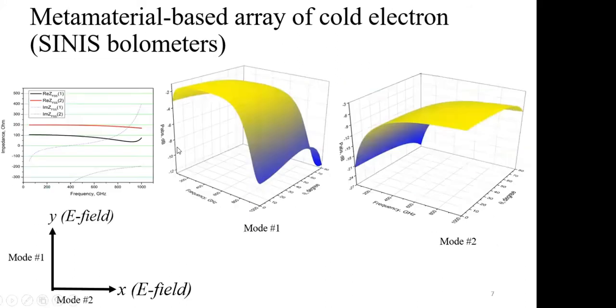Let's now talk about the modes. We have two modes for absorption: when the electric field is in the Y direction, and when the electric field is in the X direction.